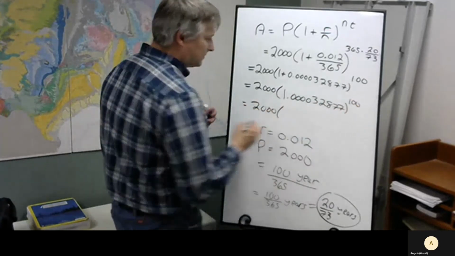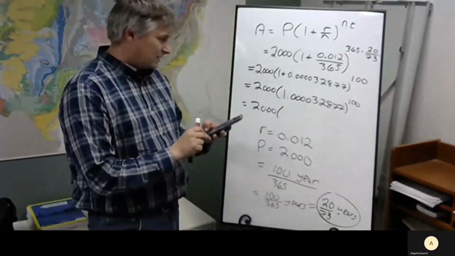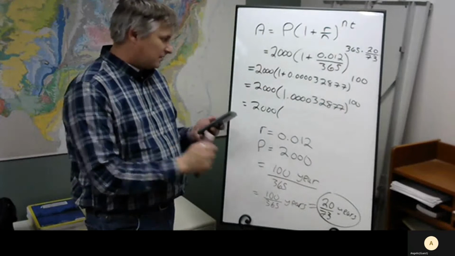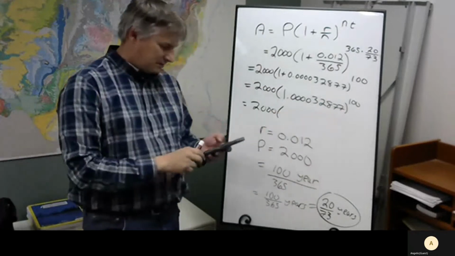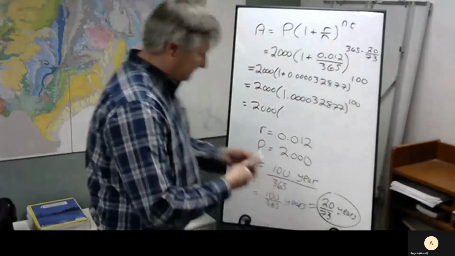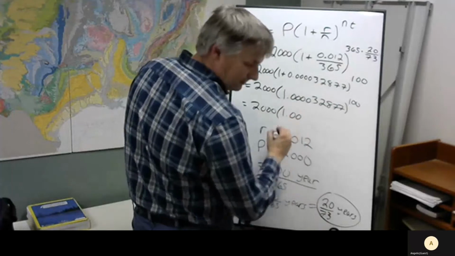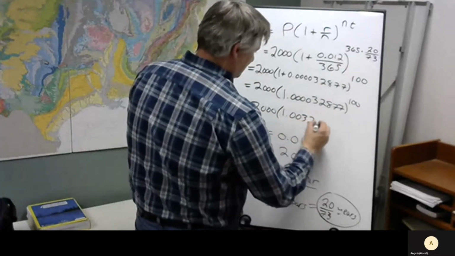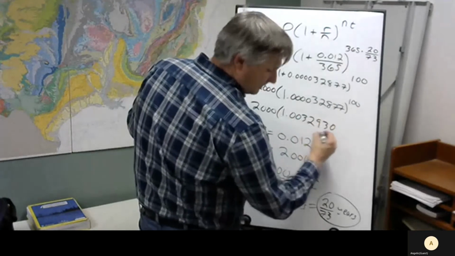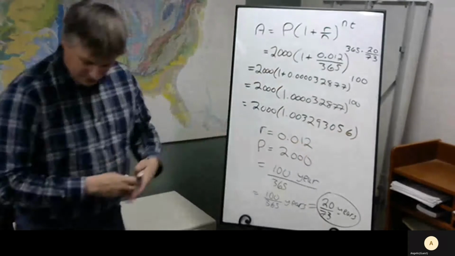And now we do the decimal or the exponent part, using as many digits as I can. So this whole thing, to the 100, again using as many digits as I can.